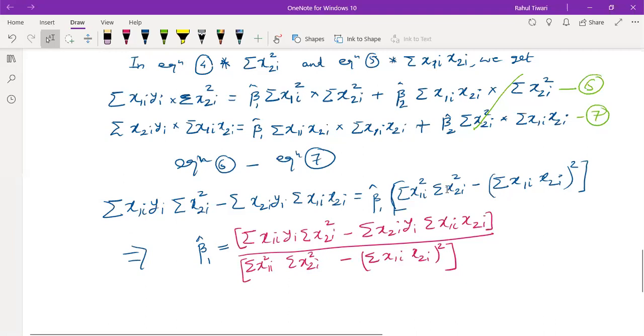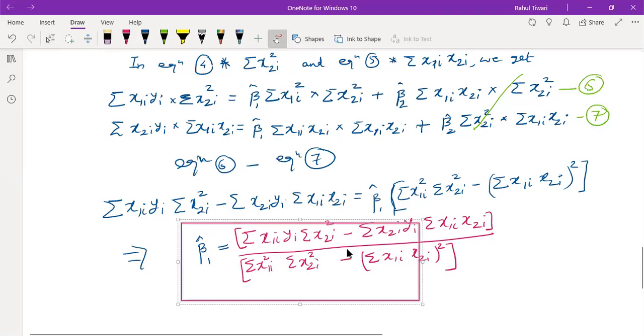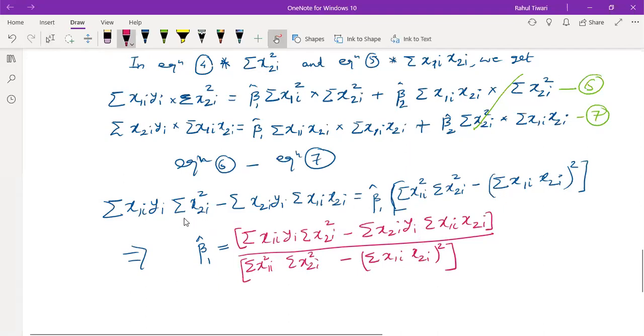Now let me know if you have any difficulty. So we have finished the half part of the derivation. We will have to do the rest in a slightly different way.